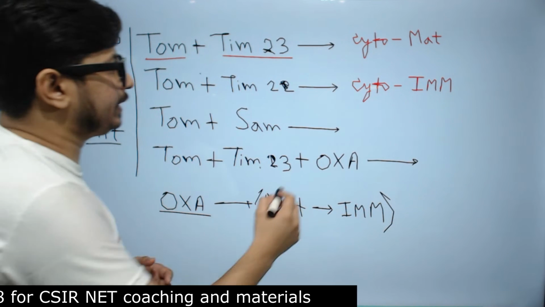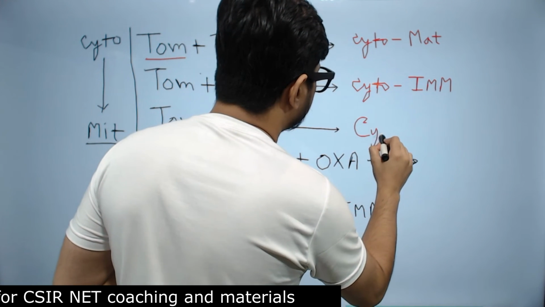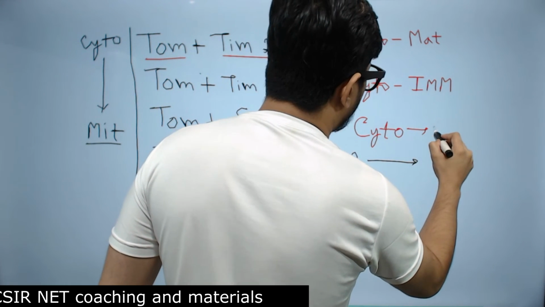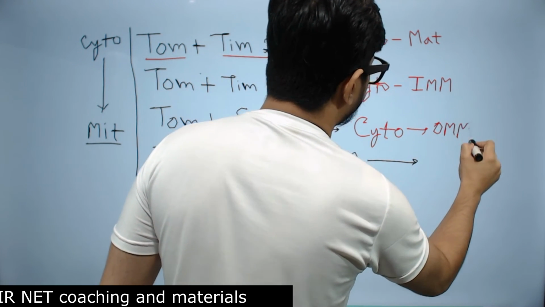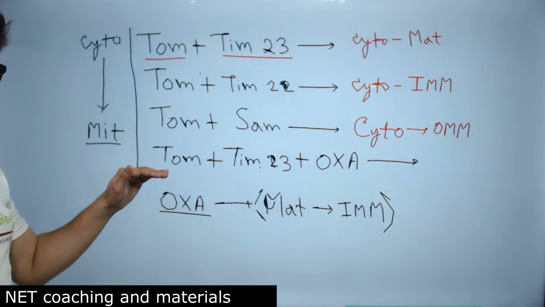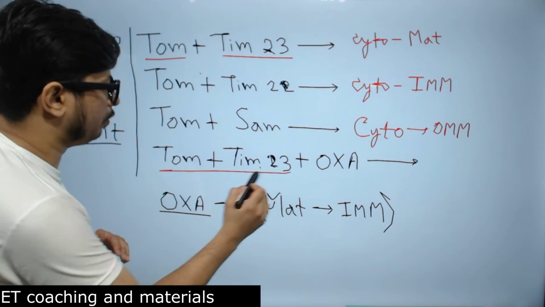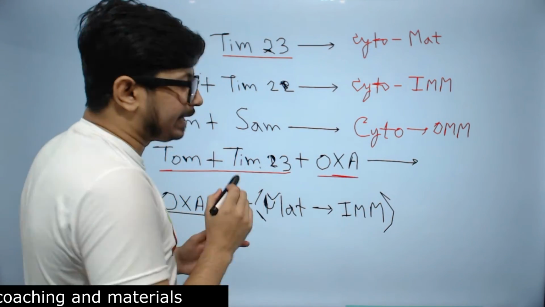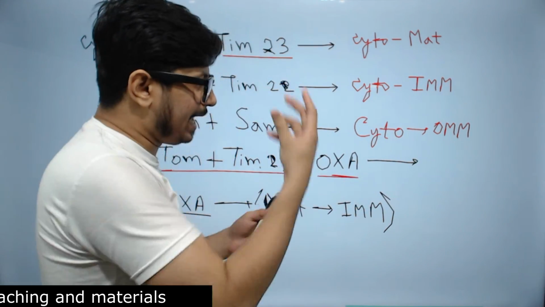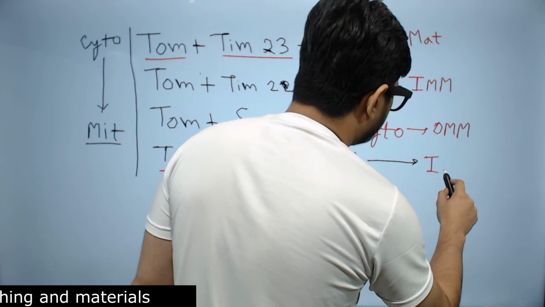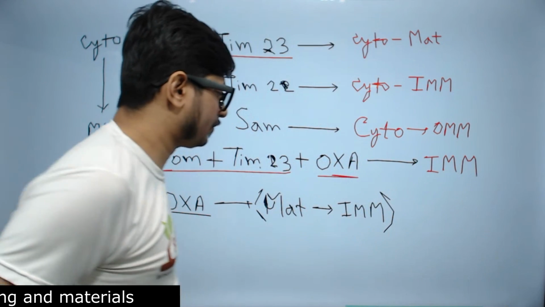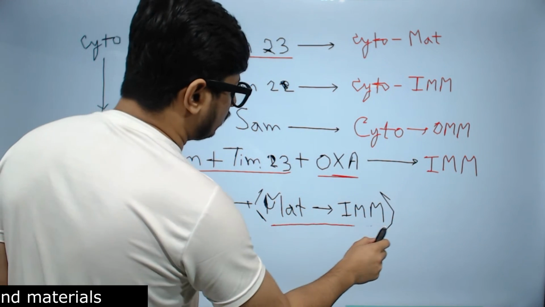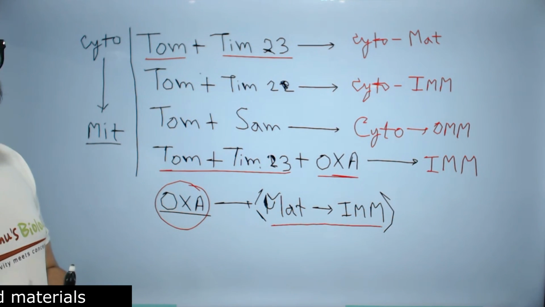TOM and SAM bring a protein from the cytosol to where? The outer mitochondrial membrane. And TOM and TIM both, remember, both they bring a protein to the matrix from the cytosol. Then OXA can take the protein from the matrix and put it into the inner mitochondrial membrane. And directly only OXA will transfer the protein from the mitochondrial matrix to the inner mitochondrial membrane.